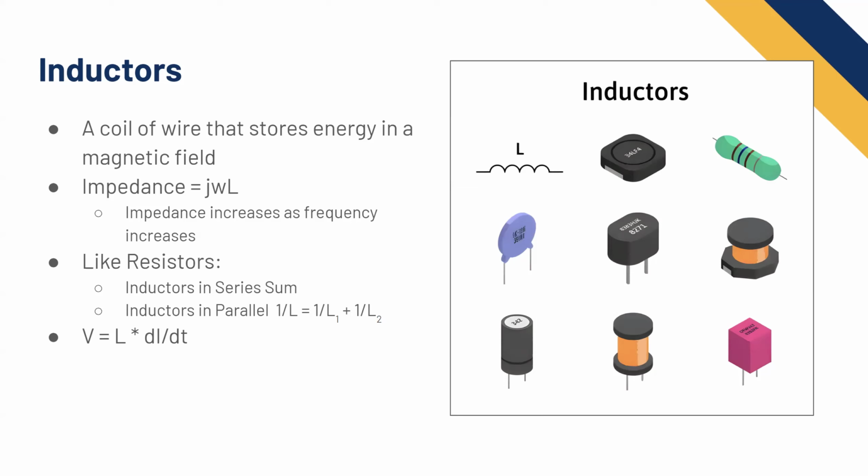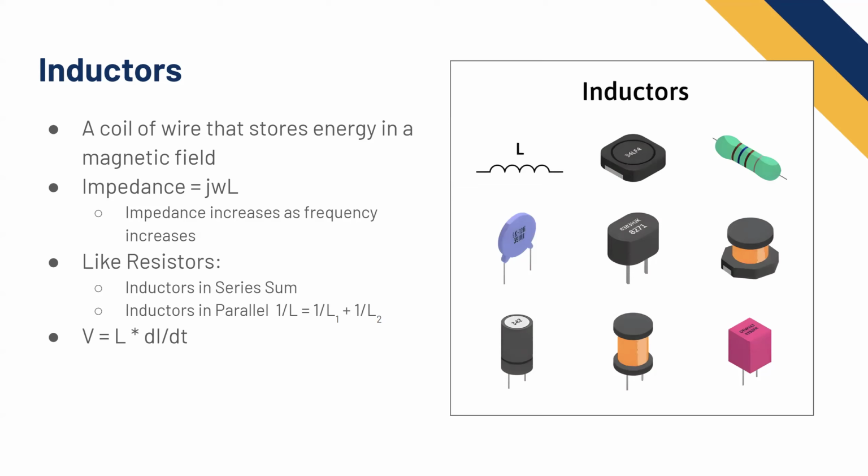So you can think that low frequency, DC, is going to be low impedance, and high frequency AC is going to be high impedance, so it'll block AC signals. Similar to resistors, they sum in series and do the reciprocal sum in parallel.